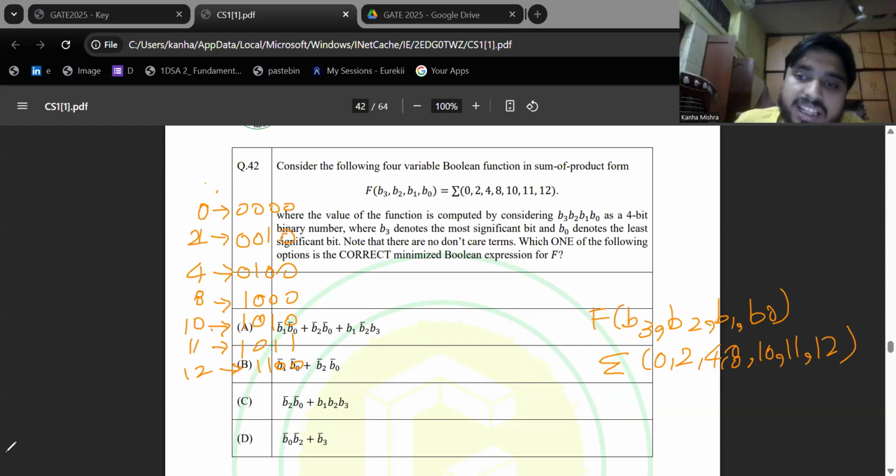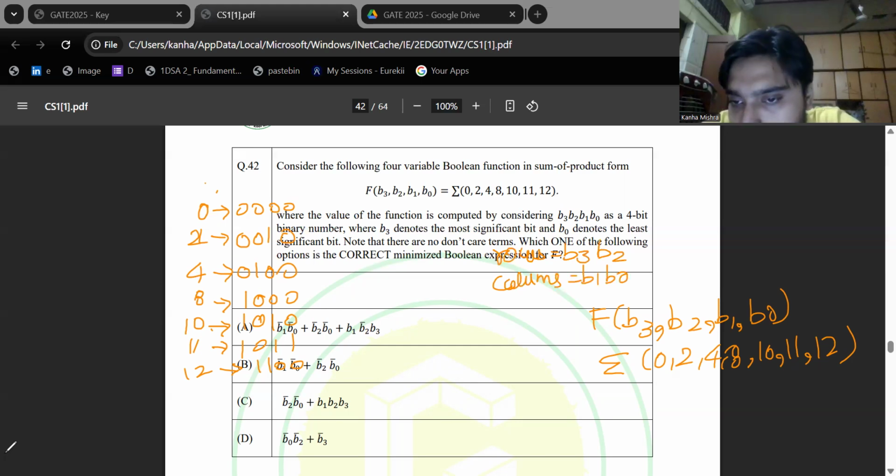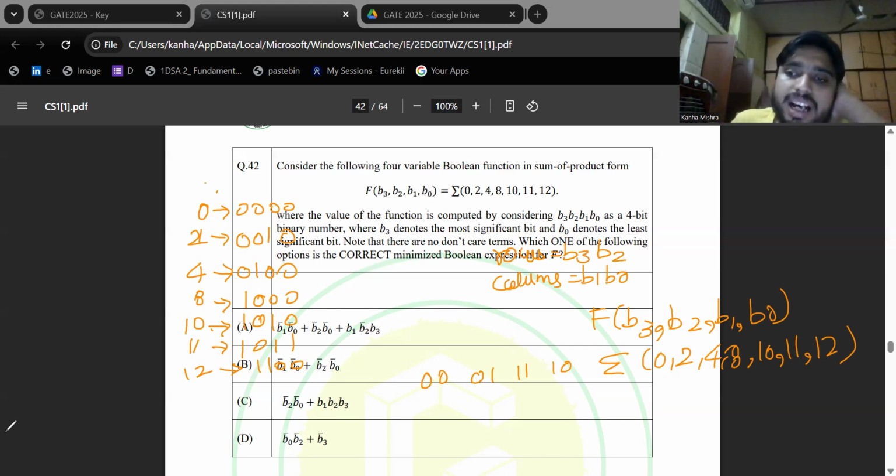So what we do is assign rows as B3, B2 and columns as B1, B0, using gray code ordering for the columns and rows. The order for 2 bits in gray code will be 0, 0, 0, 1, 1, 1, 1, 0. I hope you know what gray code ordering is.